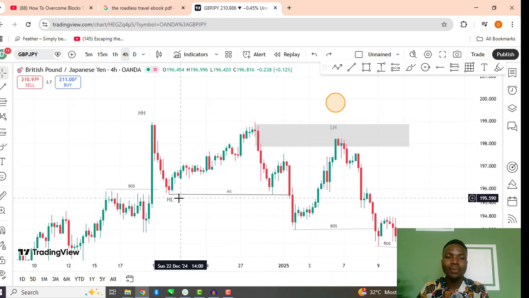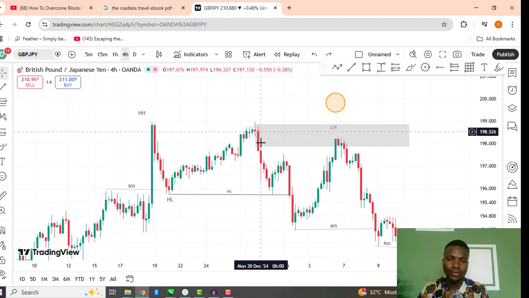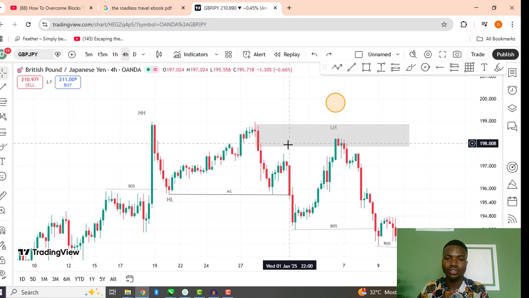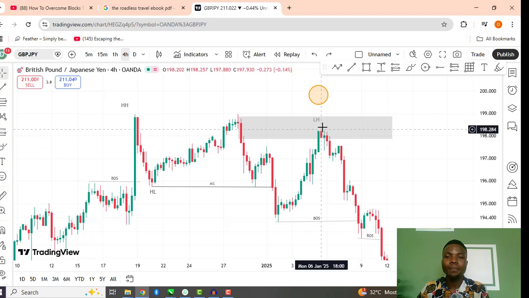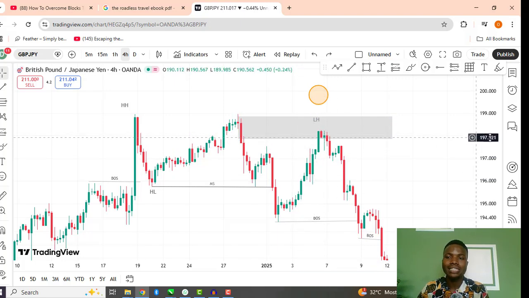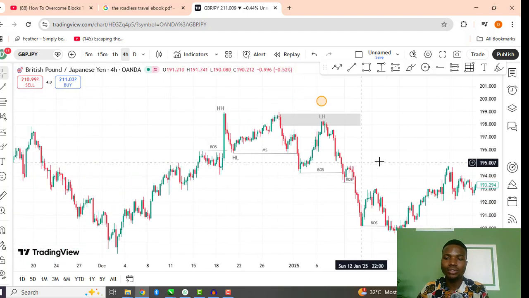And when a market shift like this happens, there is always a retest back to the supply zone. You can see that this is the supply zone, right? After price came all the way to the supply zone, that is when price started selling aggressively to the downside.